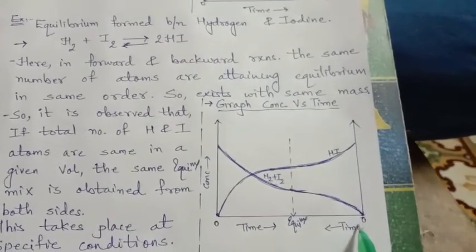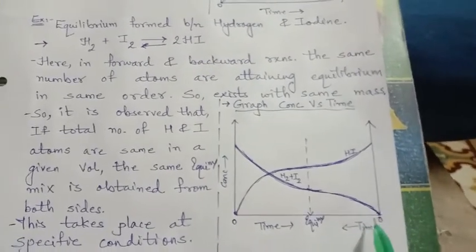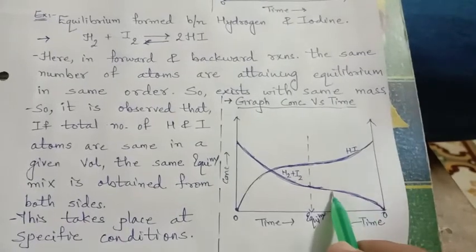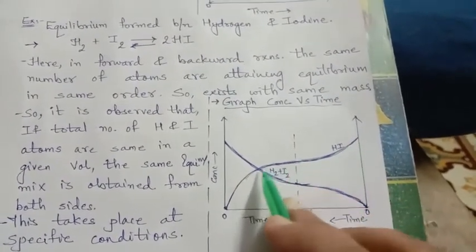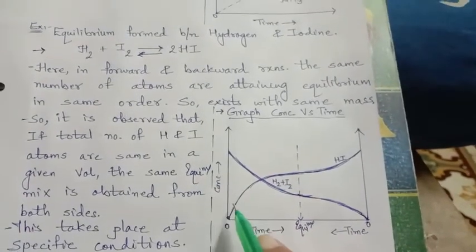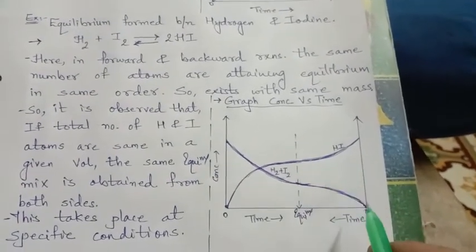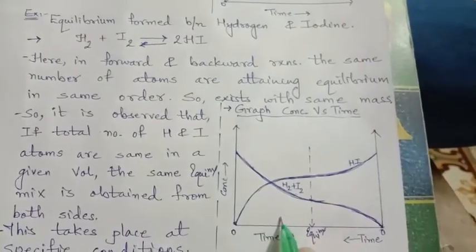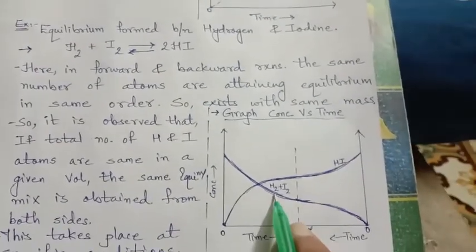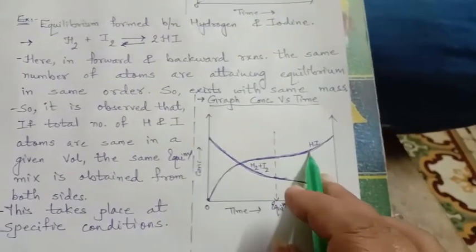And if the reverse reaction takes place, then the time swings back. So here it starts again increasing and it will start decreasing, right? So this is the forward reaction and this is the reverse reaction of hydrogen and iodine giving hydrogen iodide.